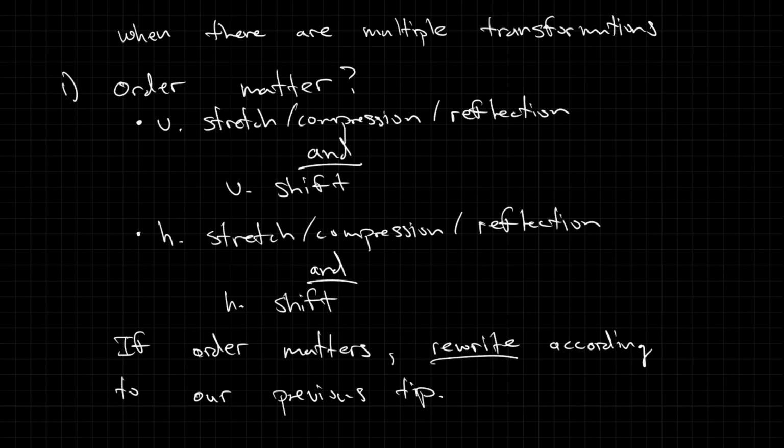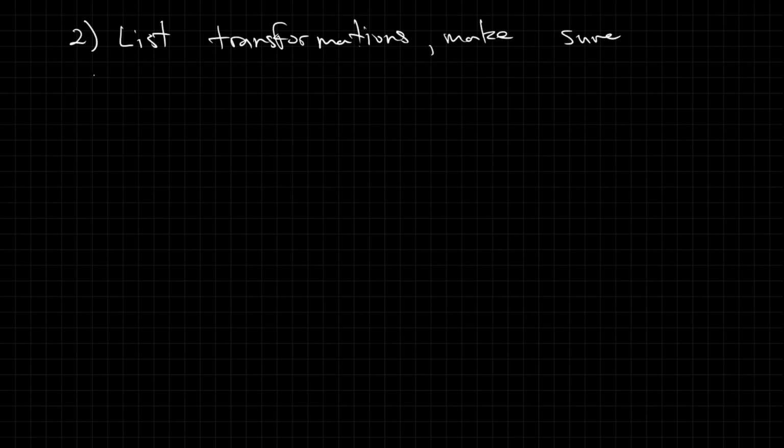Then once you do this, you can list the transformations, and you're going to make sure the shifts happen last. That is, out of all the vertical transformations, the vertical shift happens last, and out of all of the horizontal transformations, the horizontal shift happens last.